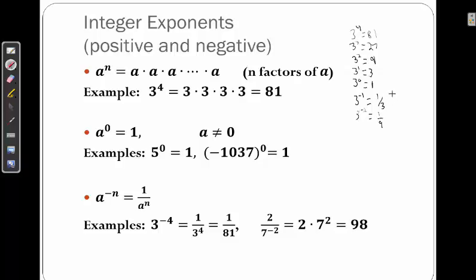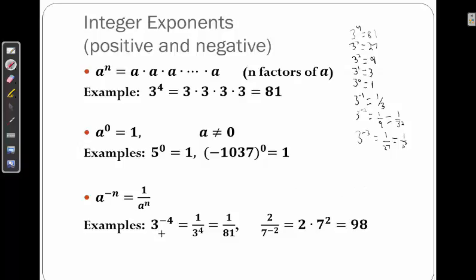If you divide by 3, it would be the same thing as multiplying times 1/3, or 1 over 3 squared. And similarly, 3 to the negative 3 would be 1 over 27, or 1 over 3 to the 3rd.